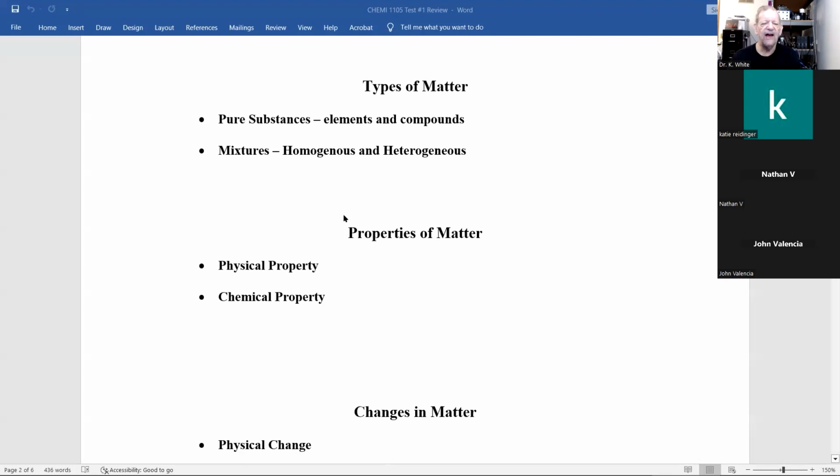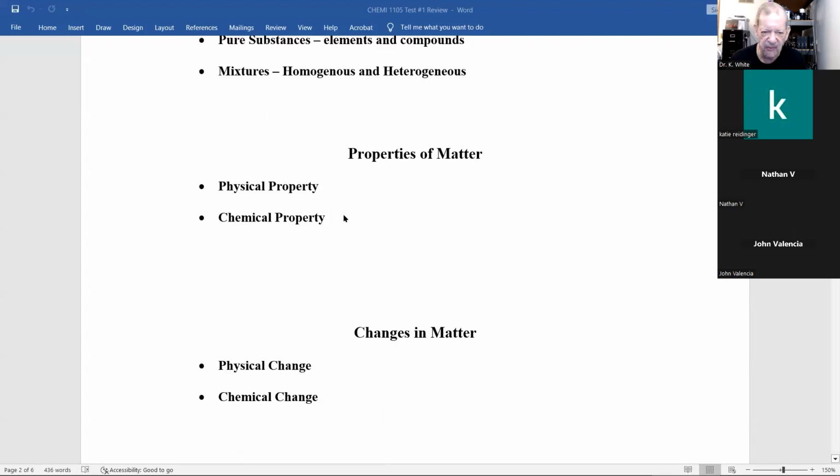All right, next we talk about properties of matter. There's physical properties and chemical properties. Physical properties are things you can observe about something, such as my top is black, gold has this color, it's also shiny, you can rub it, that's called a physical property called luster.